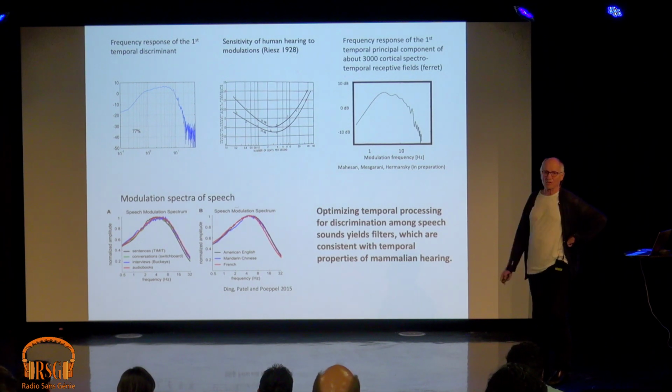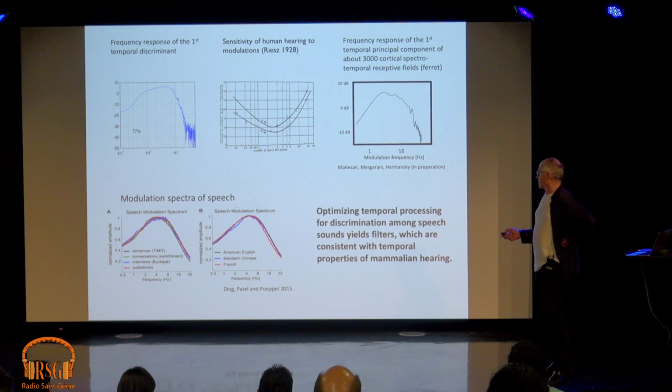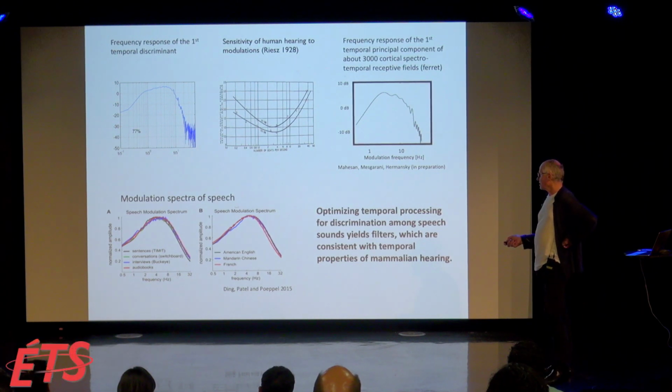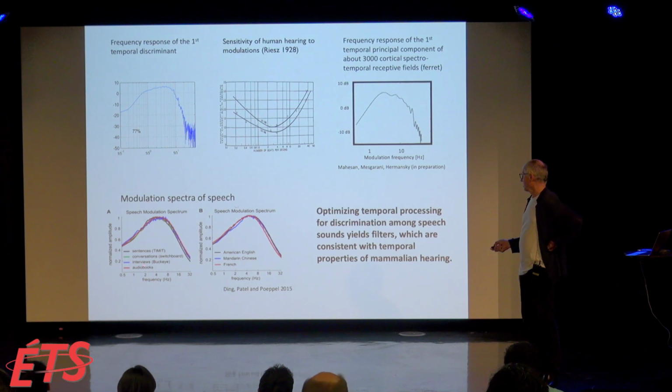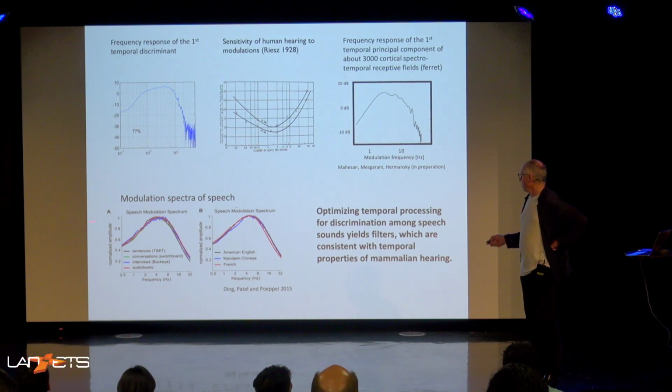This is engineering. We can now look a little bit also into speech. If you look at a lot of speech, independent of type of material, sentences, conversations, interviews, audiobooks, you always see the maximum energy in this range between 1 and 10 hertz.